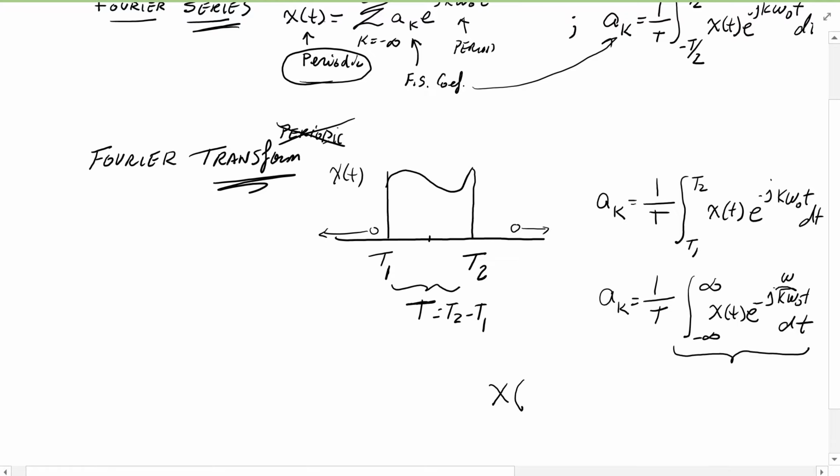So what's going to happen here, I can rewrite this piece as x of, and we typically write it this way because the variable ends up being omega instead of k, because we're going to make the k not be an integer, but from a small increment, it will be a real number, let's say.